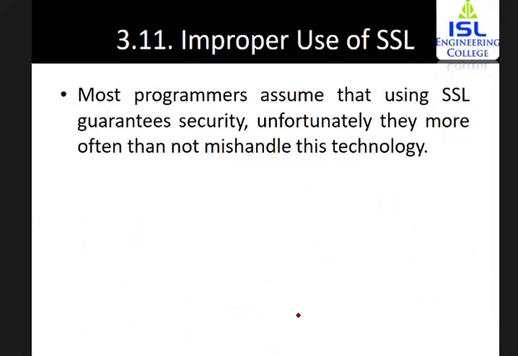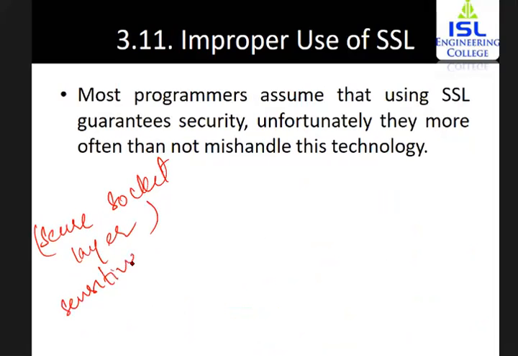The next one is improper use of SSL. SSL is your secure socket layer. Now, many programmers are going to transfer any type of sensitive information, that is your credit card information or any personal information.